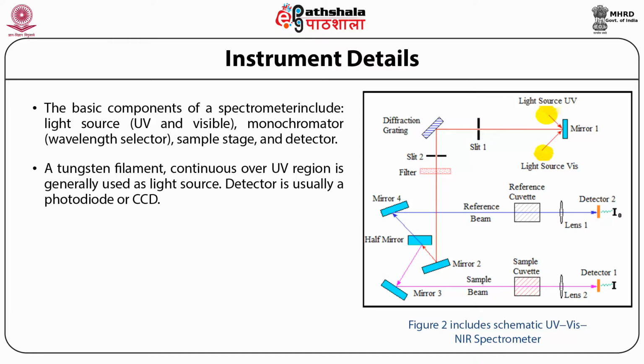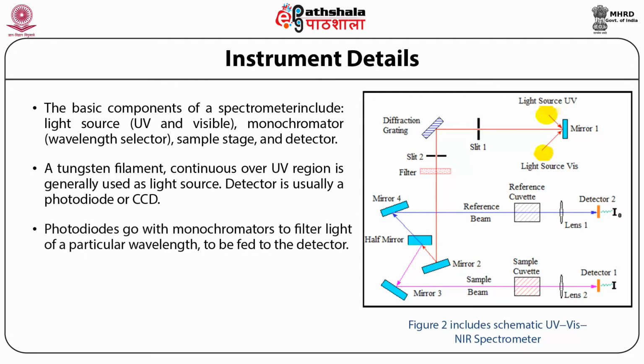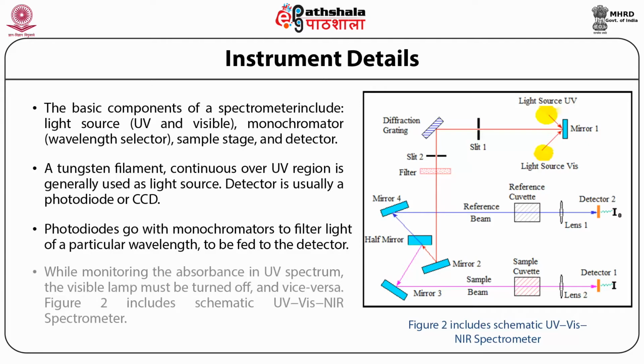The detector is usually a photodiode or a CCD. Photodiodes go with monochromators to filter the light of a particular wavelength to be fed to the detector. While monitoring the absorbance in the UV spectrum, the visible lamp must be turned off and vice versa.